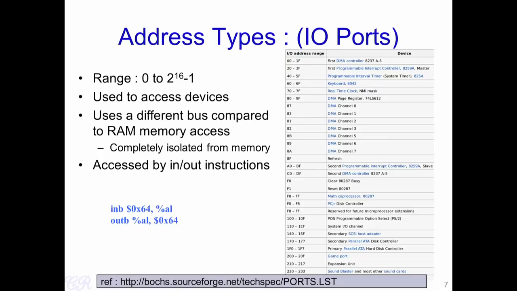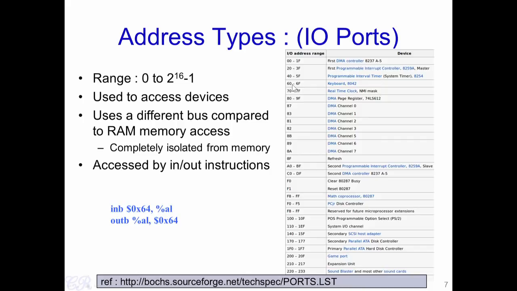The next type of addressing is the I/O addresses. Essentially, in legacy computers like the 8086, the 8088 and the 80286, there was a separate memory region for I/O devices like keyboards, mice, hard disks, and other programmable devices like a programmable interrupt controller could be mapped.